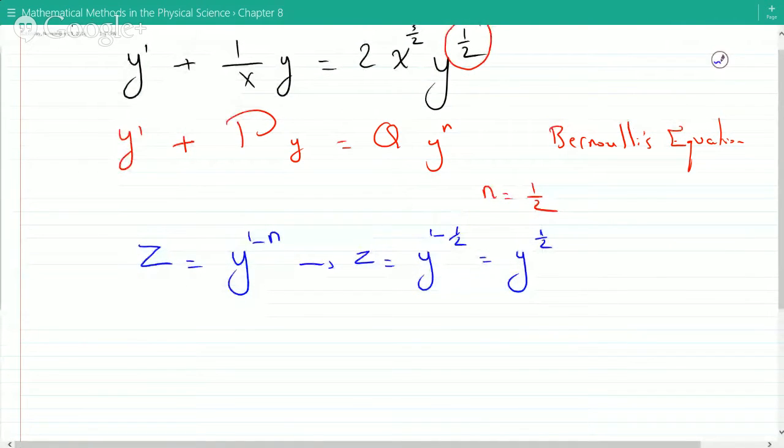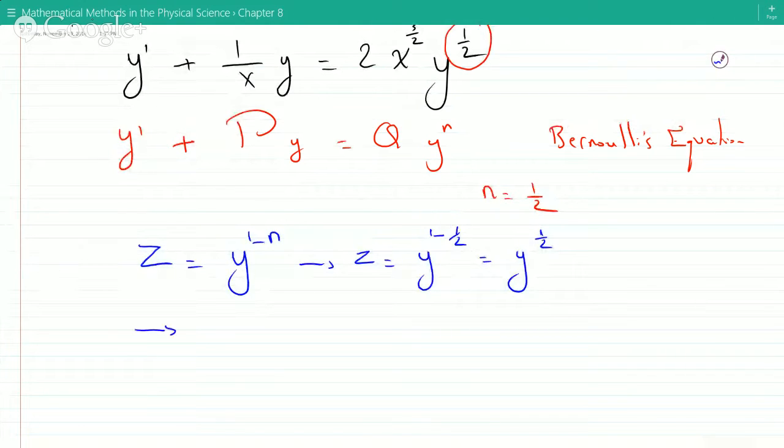With this, I could find the derivative. So z prime would be 1 half y to the minus 1 half y prime, of course. Right?